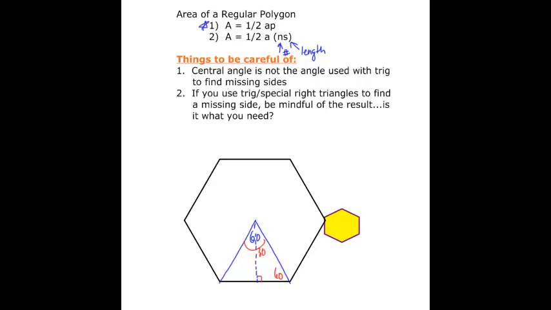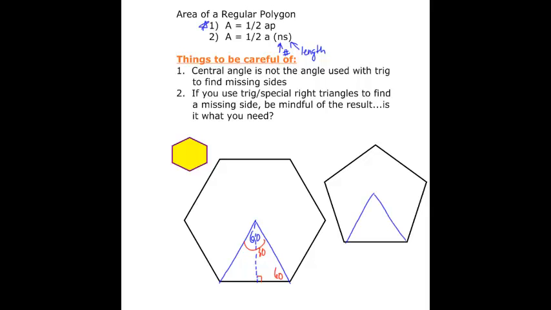Now when you're given a pentagon, it's not going to be quite as nice. For a pentagon, remember, my central angle is 72 degrees. I'm just going to go like this because you'll see why in a minute. When I drop my apothem, this is 36 degrees. Here's 90. And what happens is if you're given the radius, such as, let's say the radius is 10, you need the apothem to get the area. So I have to find A, and therefore I have to use trig.